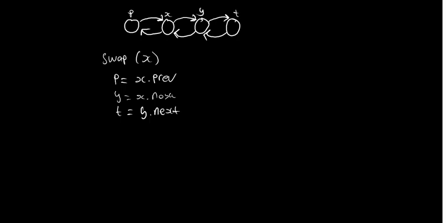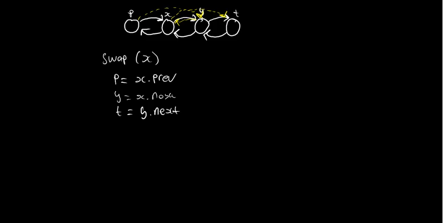First, let's approach this the way we did our singly linked list at first. So we do the next. We want p to point to y, then we want x to point to t, and then finally we want y to point back to x.